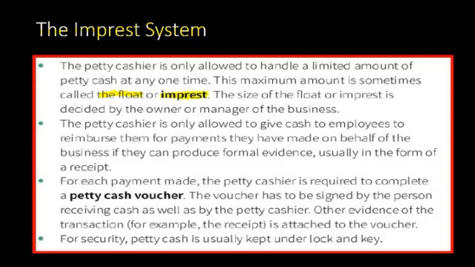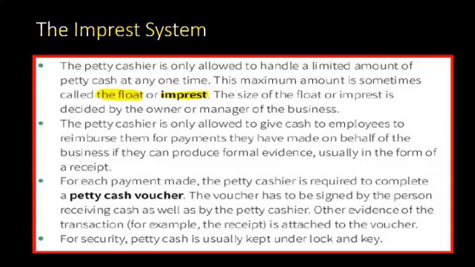And the size of the float is determined by the manager or the owner of the business if it's a sole trader, and the petty cashier would make payments out of the float.